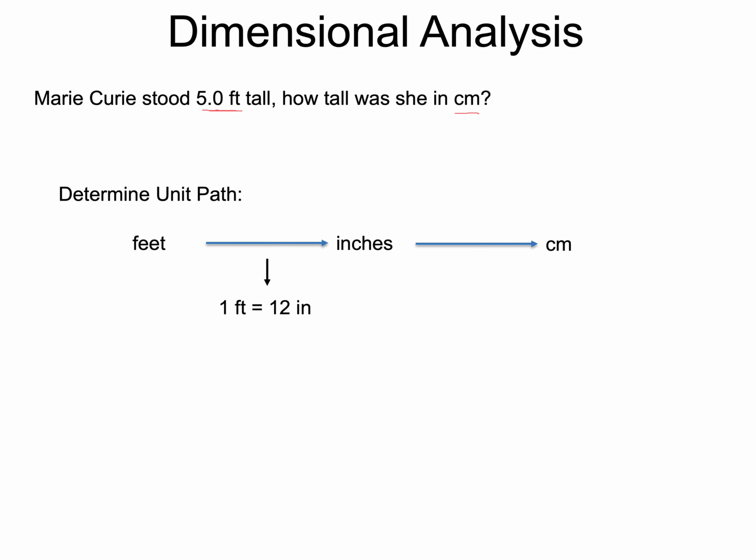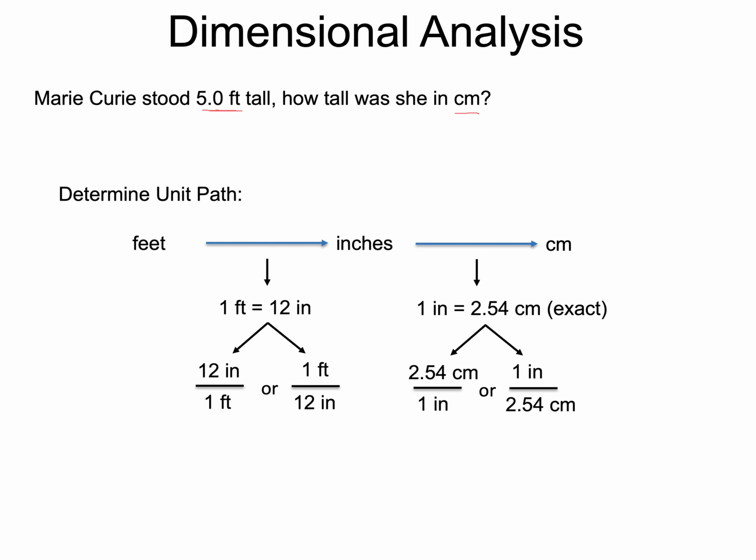The unit conversion for feet is 1 foot to 12 inches. We'll have our 2 fraction possibilities. For inches to centimeters, it's 1 inch to 2.54 centimeters. This is also an exact conversion factor, even though there are decimals here. The fraction possibilities are shown. So we'll start with our beginning number.